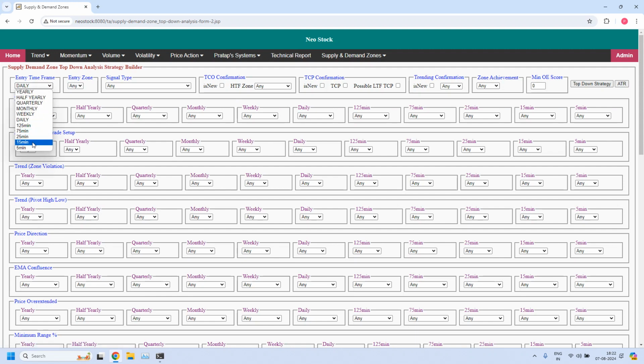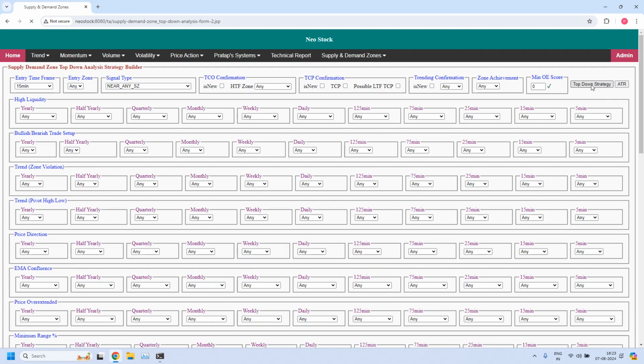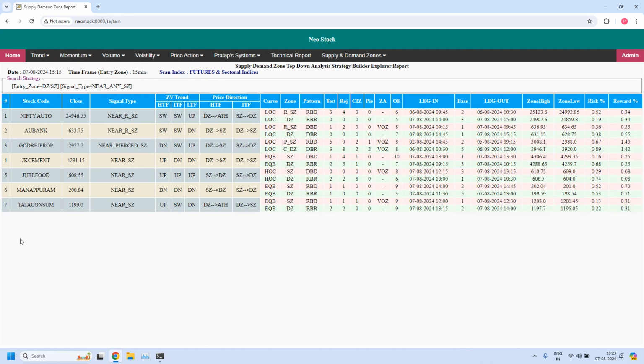So next, for 15 minutes time frame, let us find the stocks near 15 minutes supply zone. 7 stocks are filtered near the 15 minute supply zone. Let us identify how many of these supply zones are having confluence with 75 minutes supply zone, ITF supply zone.